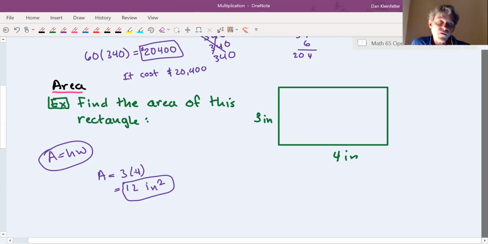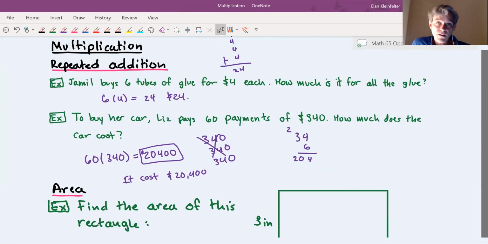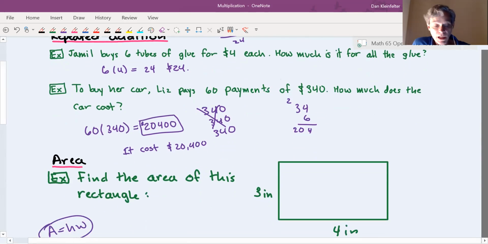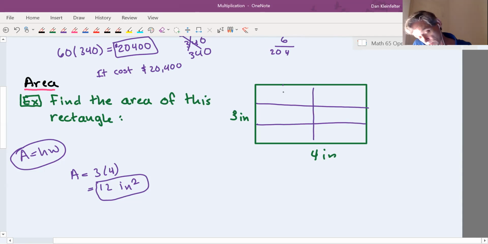Of course, thinking of area, this really goes back to the previous interpretation we had, which was repeated addition, because you can think of that rectangle that's 3 inches by 4 inches as consisting of rows of squares, and there will be 3 rows in it, and 4 squares within each row.